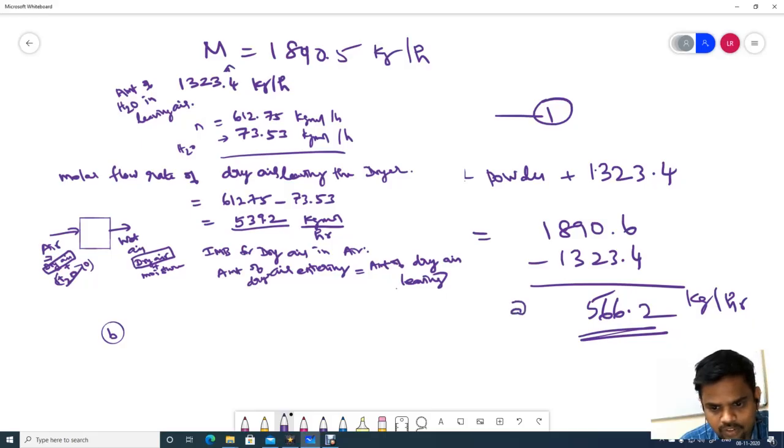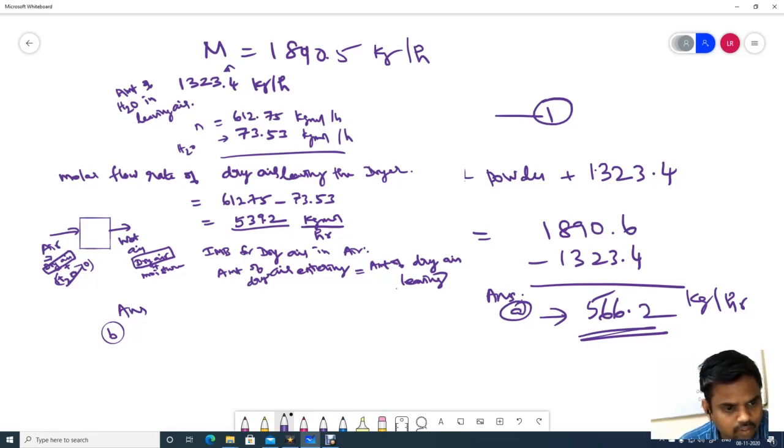For the A part, we have determined the production rate: 566.2 kg per hour of milk powder is produced, and the dry air leaving is 539.2.